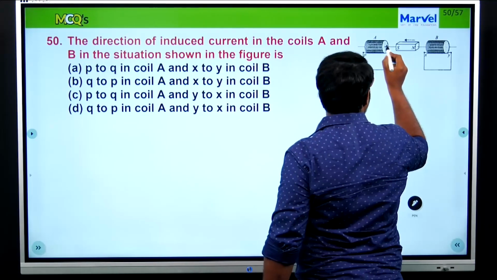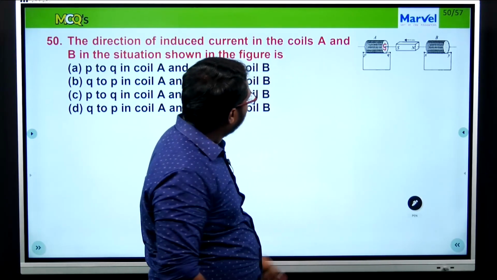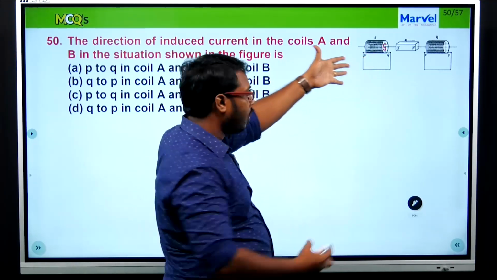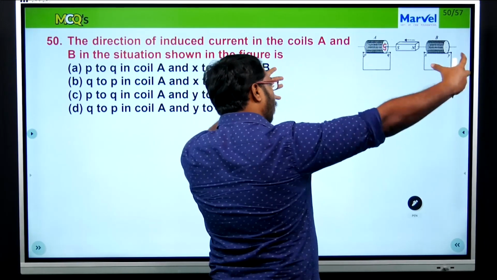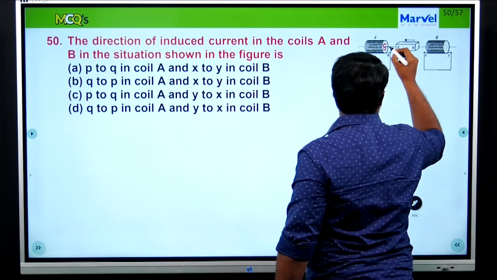What I know for sure is the south pole should develop in the face of the coil so that it opposes the bar magnet that is coming towards it. So the current flows in the clockwise direction.